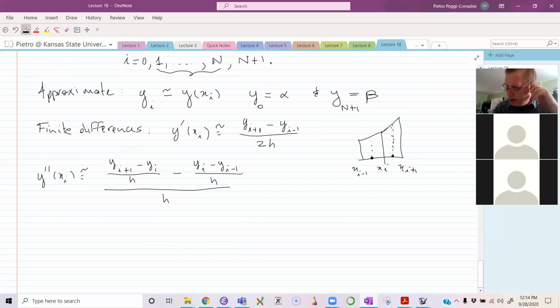Right. Okay. So let's do a little bit of algebra here because I have a lot of denominators. So in particular, I'm going to get h squared, right? Because I bring this down. And then if I distribute the negative sign here and collect things, I'm going to get y_{i+1} minus 2y_i plus y_{i-1}.